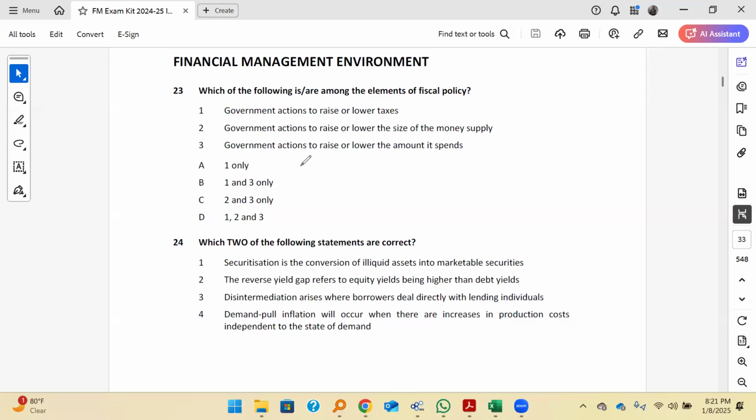They're asking here, which of the following is or are among the elements of a fiscal policy? You need to understand what a fiscal policy is, but basically it is how government manages two things: taxes and how much it spends, government spending.